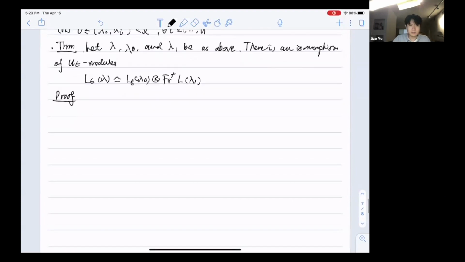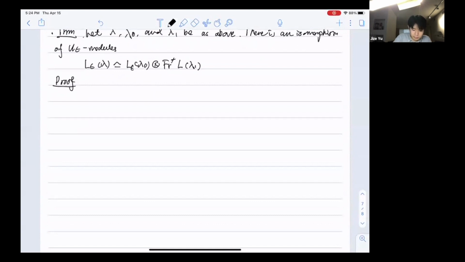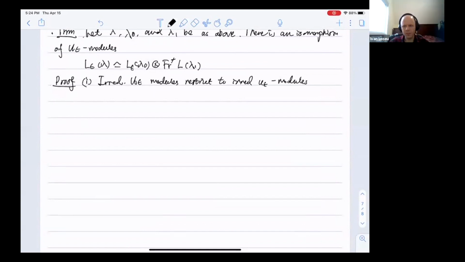So let me sketch the proof. The first ingredient of the proof is the following proposition. Irreducible U_epsilon modules restrict to irreducible modules of small quantum groups. Well, that's certainly not true for all irreducibles, but I should say finite dimensional ones.